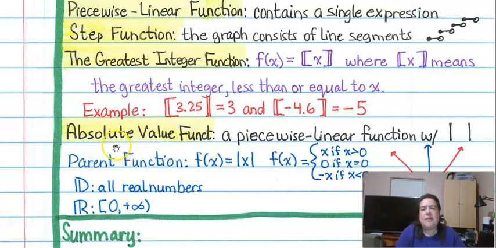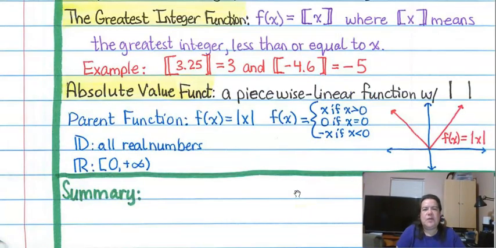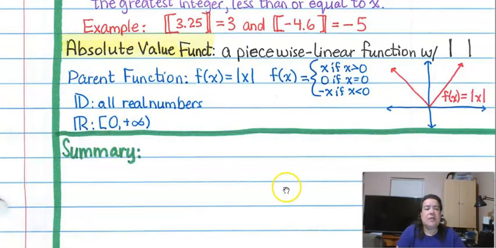So the absolute value function is another piecewise type of function, but you have those, remember the absolute value that we did several sections before. And so one other function you have to be aware of is the parent. The parent function of the absolute value is, remember, parent, think simple, right?